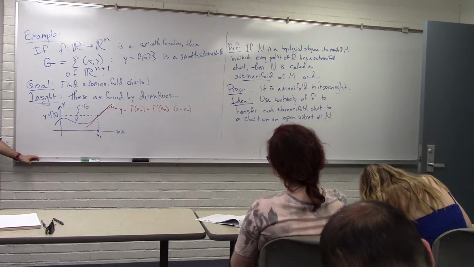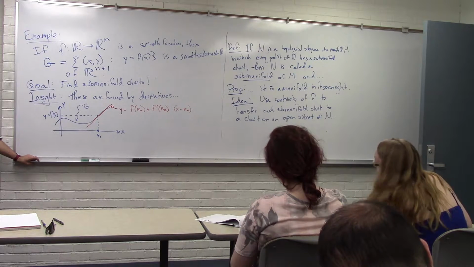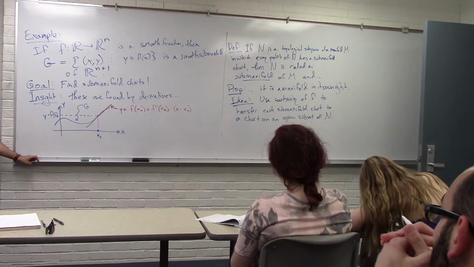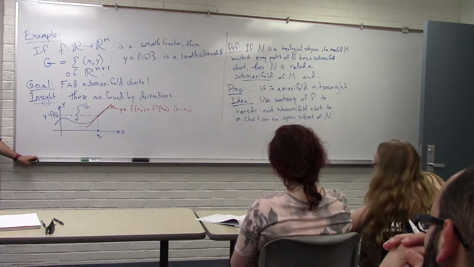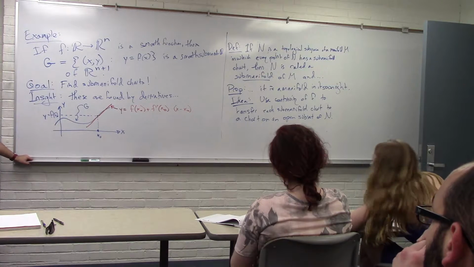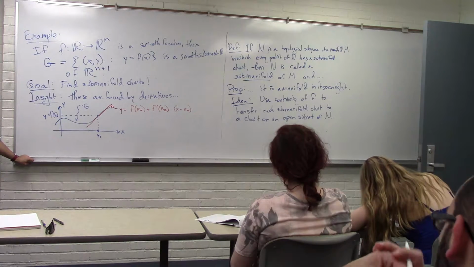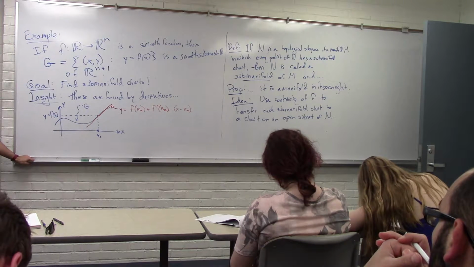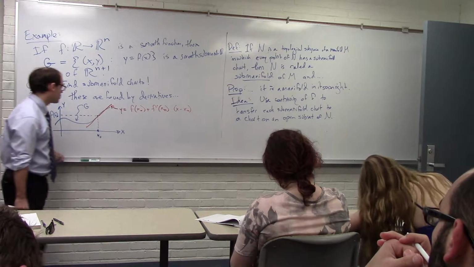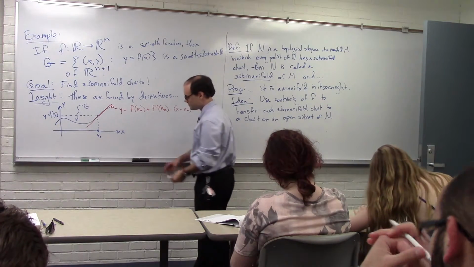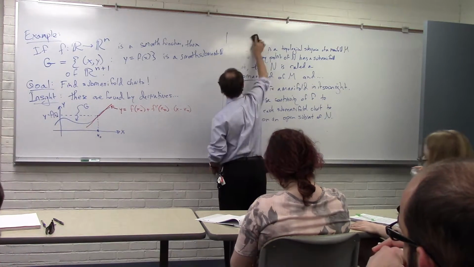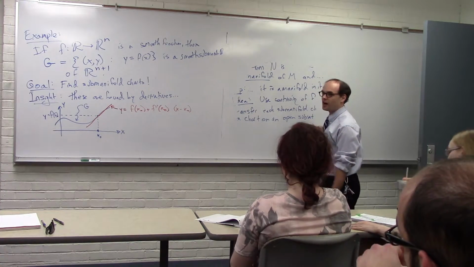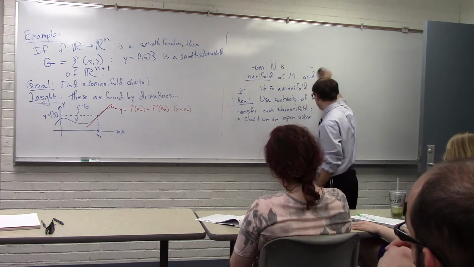So what we want is a submanifold chart for G centered at x0. It's just this curve here. We want to force the curvy bit, G, to lie entirely on the x-axis in our chart.